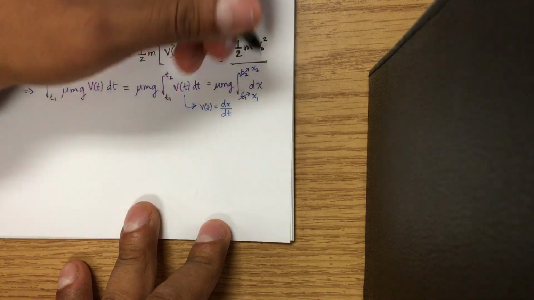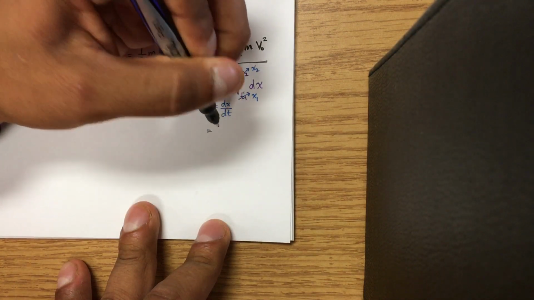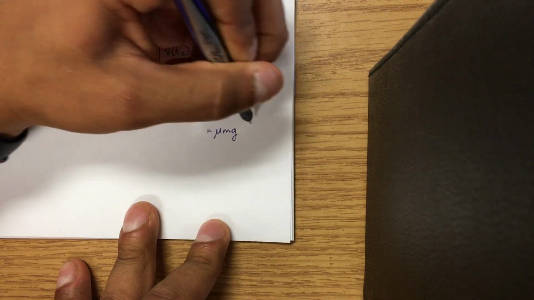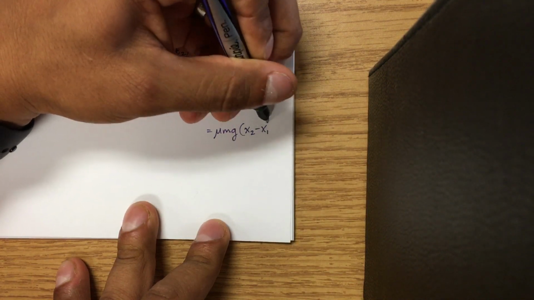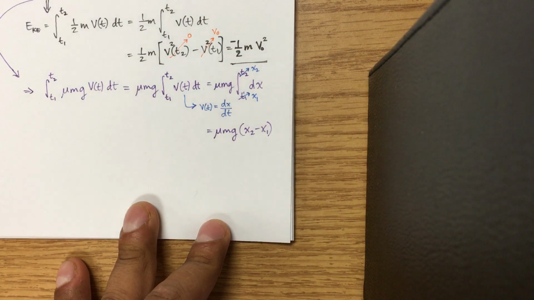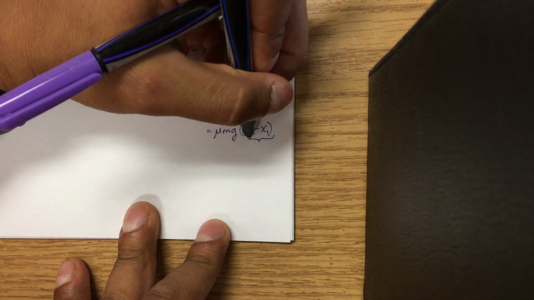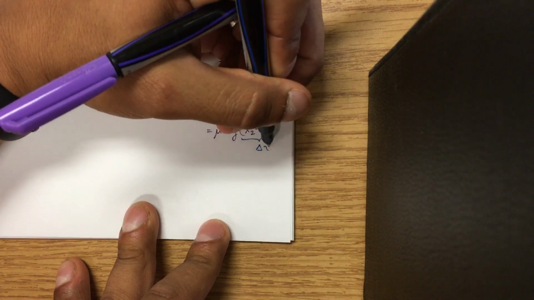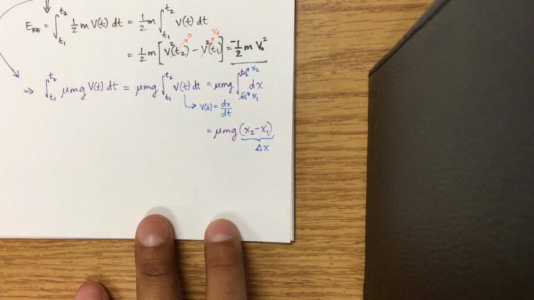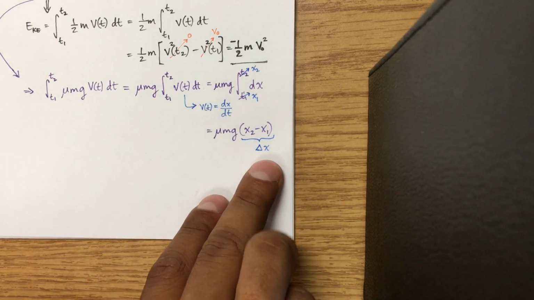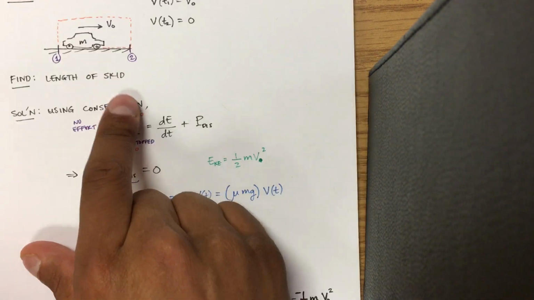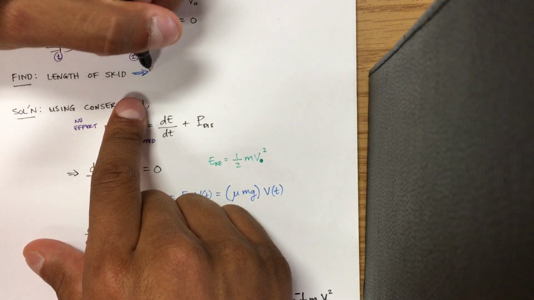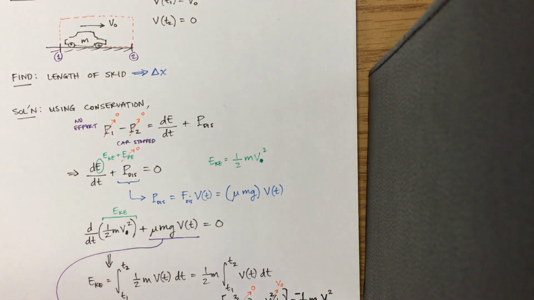So finally, completing this integration, this becomes mu mg times x2 minus x1, or let's just call this delta x, since all we're concerned with is delta x, the length of the skid, which this term represents. So if I go back up to my define, this is delta x. This is the parameter we're trying to look for.